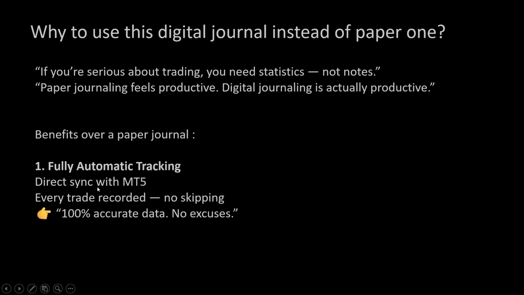It directly syncs with the MT5, so it's not like you forgot to add some data or some trades. You can't skip your losing trades or show yourself fake analysis. It will show you what your trading history tells, exactly, 100% accurately. There are no excuses.